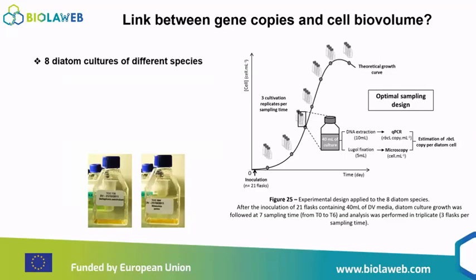So what did Valentin Vasselon do during his PhD? He took 8 different diatom cultures of different species, and these different species had different sizes, different biovolumes. They were cultivated in triplicates, and you can see here the 3 small triplicates of cultures, and he looked day after day at the number of cells per culture.